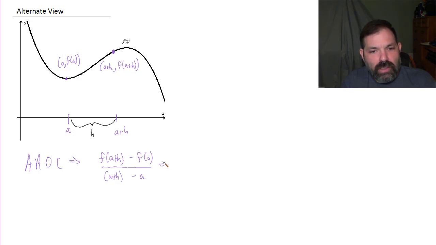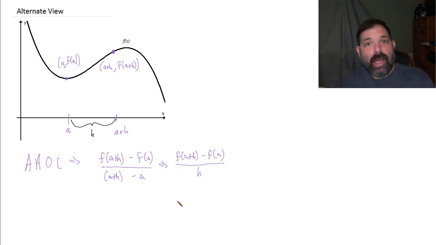And so this simplifies as f of a plus h minus f of a, and in the denominator we have a plus h minus a. Hey, that's simply h. The change in the x values is simply that distance h between them.